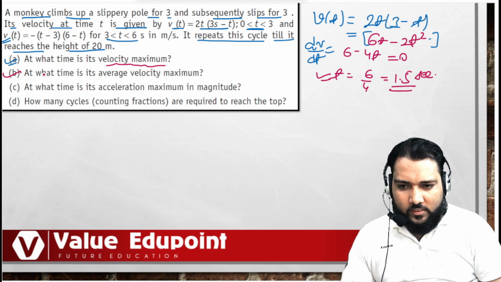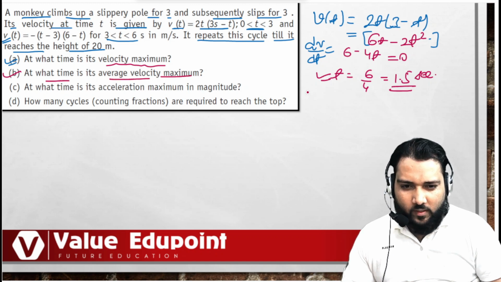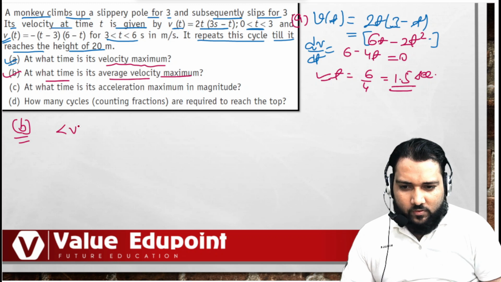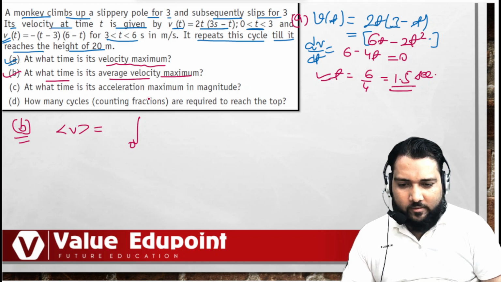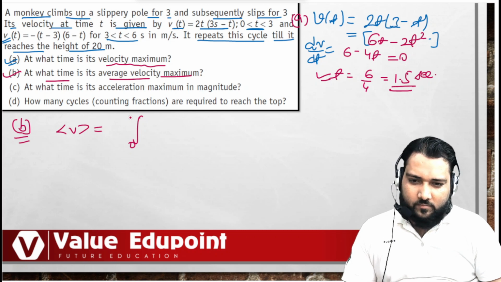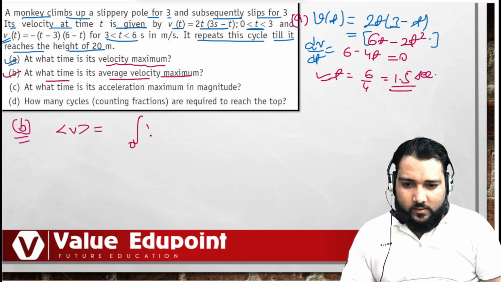Now the next question is asking at what time its average velocity is maximum. So this was part A. Now we will calculate part B. So guys, we know the average velocity is equal to total distance upon total time. There is another way to calculate the distance: the integration of v dt.